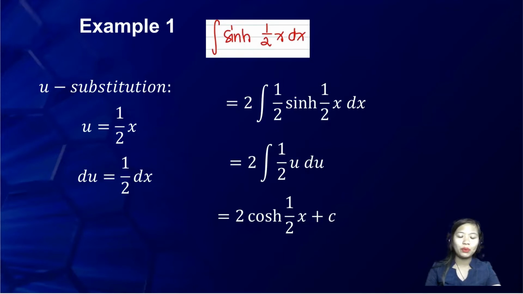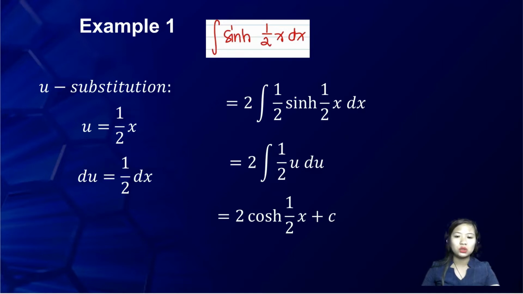In this example, we're going to use a correction factor because in our original example, we don't have 1/2 here. So we add 1/2 and get the reciprocal of 1/2, which is 2. This is our new function: 2 integral of 1/2 hyperbolic sine 1/2 x dx.